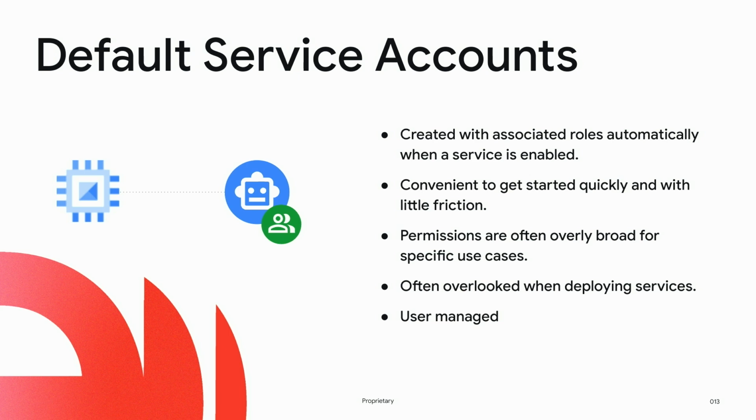So in the normal case, you have Editor assigned to, say, the Cloud Build service or the Compute Engine service account. And this has very broad access to your project, and it's great for getting started and for ease of use, but it can be easily overlooked when you're deploying services because it's applied by default. And when you deploy these services, they just kind of work, right?